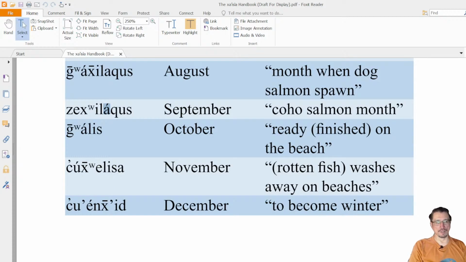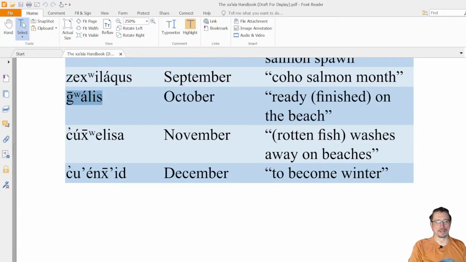So it's in the middle of the word, so that means this A plus the L, this syllable gets the accent. So the first half of April is Zahuilacos. The month of September is Zahuilacos. So pay attention to the difference in accent placement.